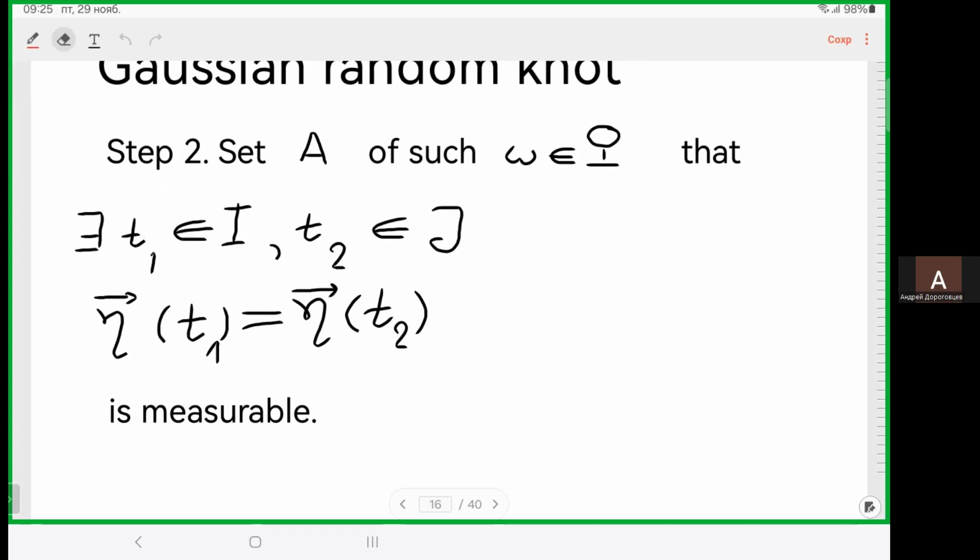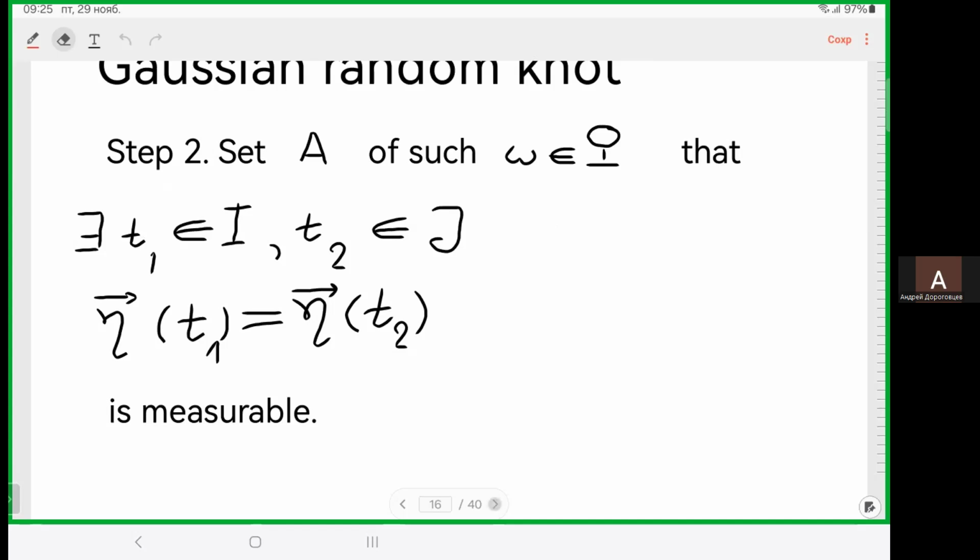It is not very hard to prove that A is a random event. Maybe you remember from the course of probability theory that when we want to discuss the probability of something, we first have to check that this something is a random event. To check this, we just consider the opposite event and use continuity and rational numbers instead of t1, t2.